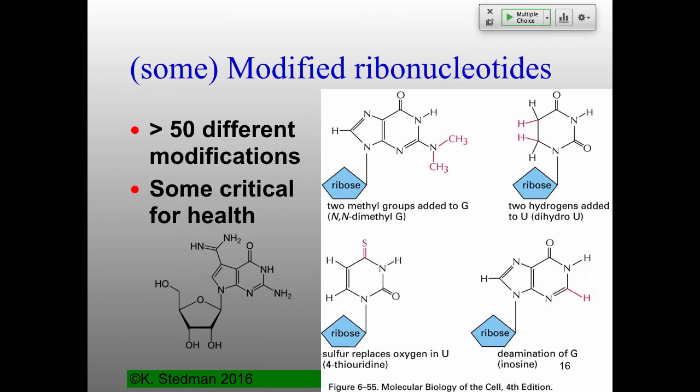So these modified nucleotides and the modification process that has to happen turn out to be really important. Some of these modified nucleotides are actually brought in with your diet, and some of them are not being made properly in some people with genetic diseases. So these modified nucleotides are extremely important.